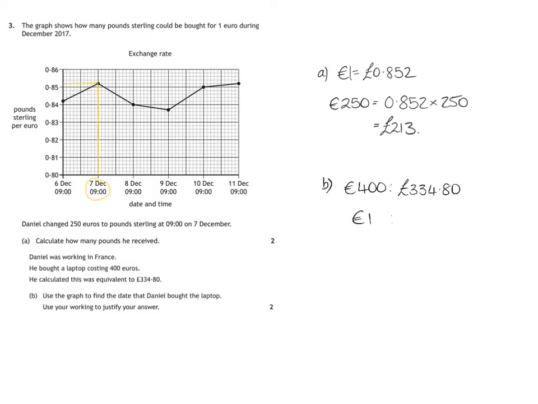So we need to find out, using that, what €1 is. So divide there. I'm going to divide by 400 to get €1, and whatever we do to one side when we're working with ratios, we have to do to the other side as well. So I do my £334.80 divided by 400, and I get 0.837.